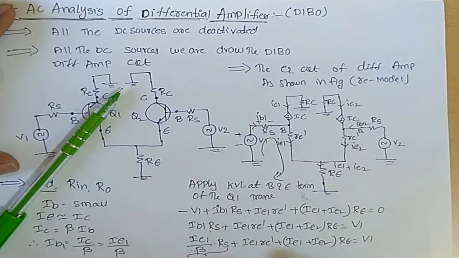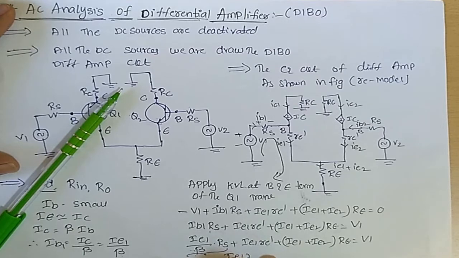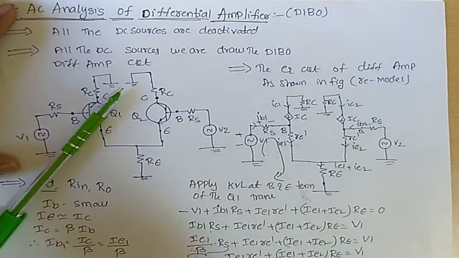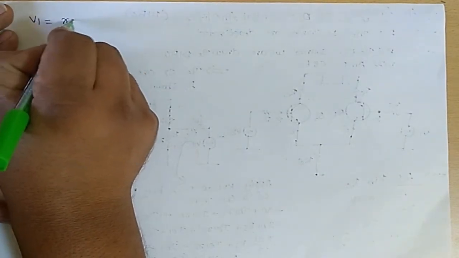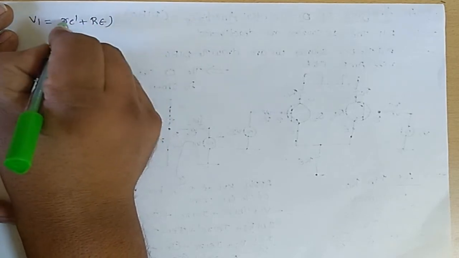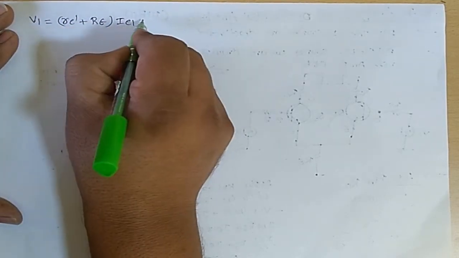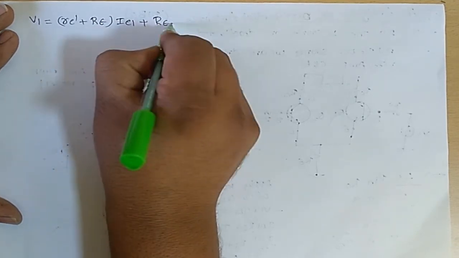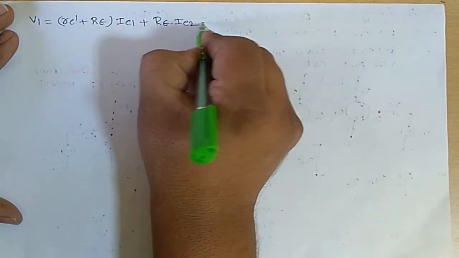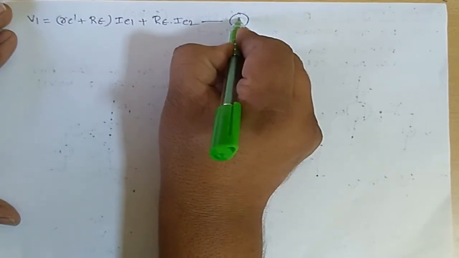Then we get the modified equation: IE1 into Re dash plus (IE1 plus IE2) into Re is equal to V1. Simplifying again, we get V1 equal to (Re dash plus Re) into IE1 plus Re into IE2. This is equation number 1.